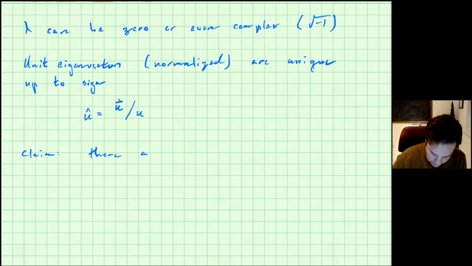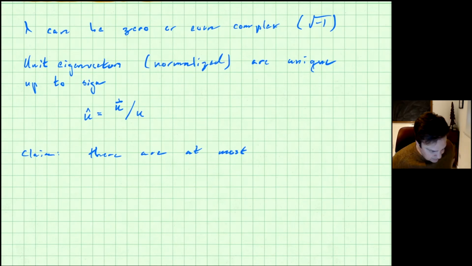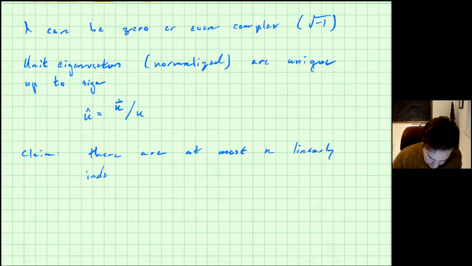There are at most n different linearly independent unit eigenvectors, linearly independent meaning not scaled versions of each other.